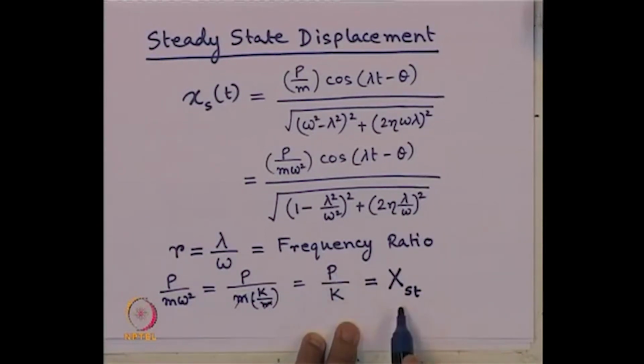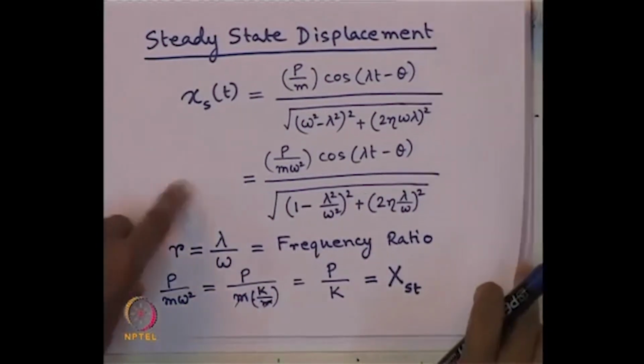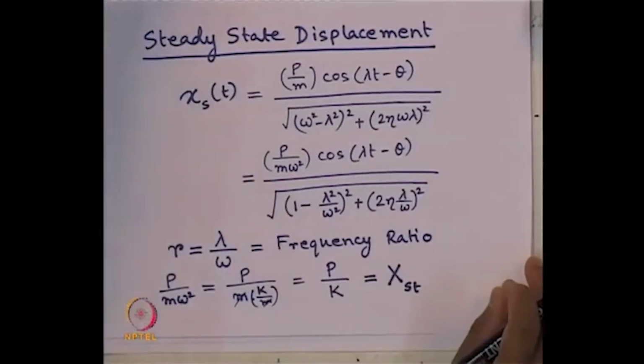So, this P by K is nothing but our static displacement. What does it mean? Instead of the dynamic load, if I apply a static load on the system with magnitude P, the deflection of the system will be X of ST. Okay.